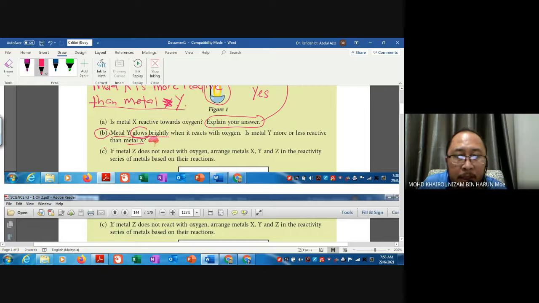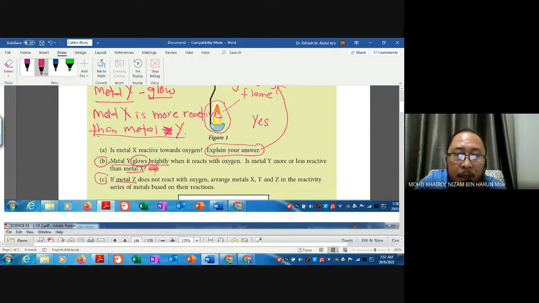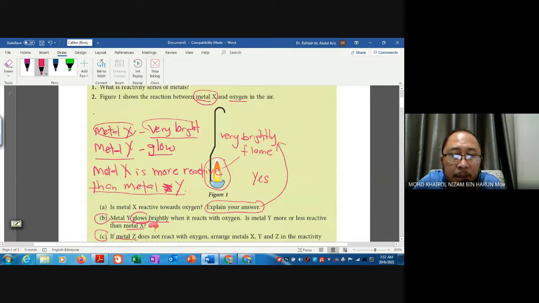Next, question C. If metal Z does not react with oxygen, arrange X, Y, and Z in the reactivity series of metals based on their reaction. So now metal Z has no reaction.